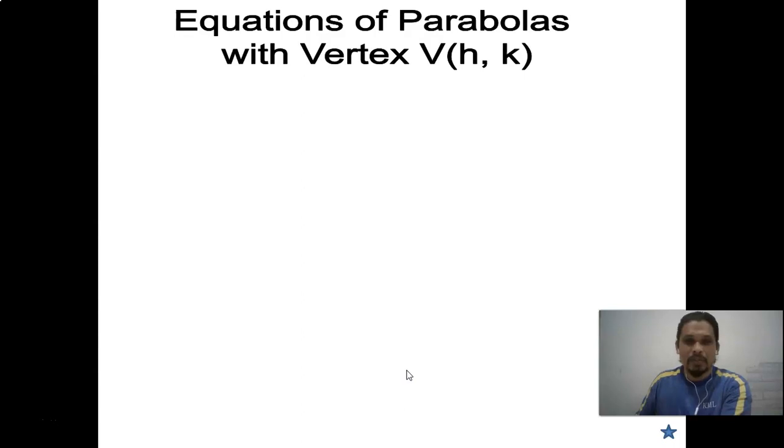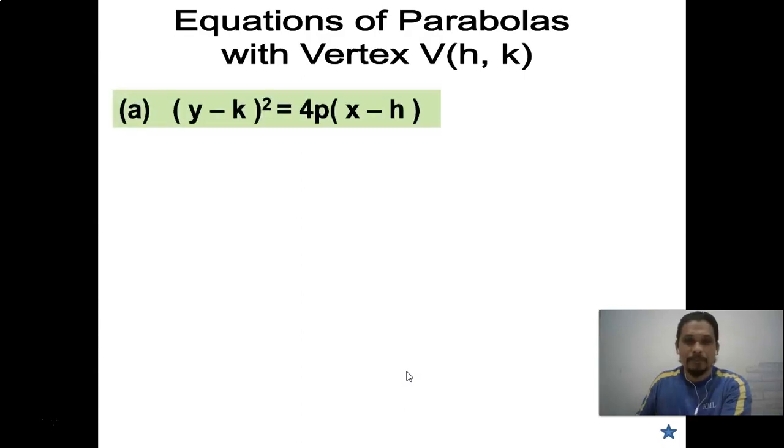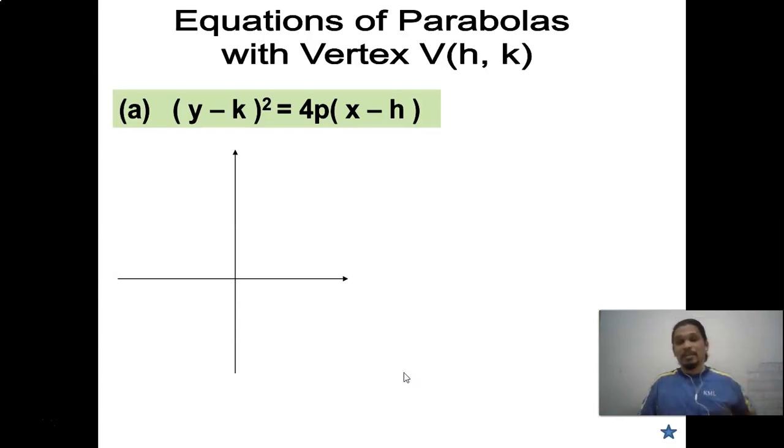Equation of parabolas with the vertex (h, k). Okay, class, sometimes when we are given any equation of a parabola, we get quite confused at the start of the question, because we cannot determine whether the graph will be facing upward, downward, to the right or to the left.